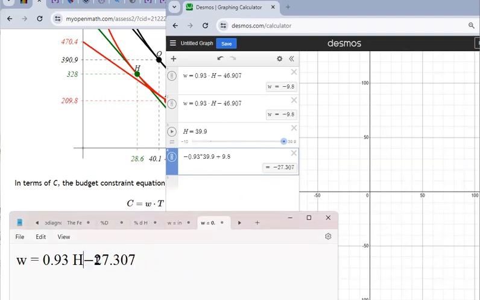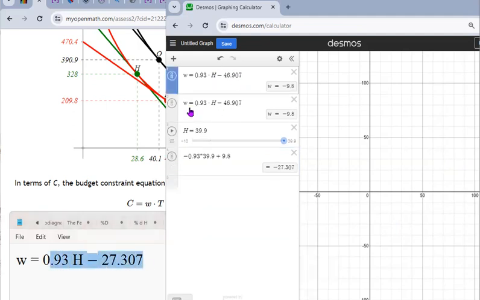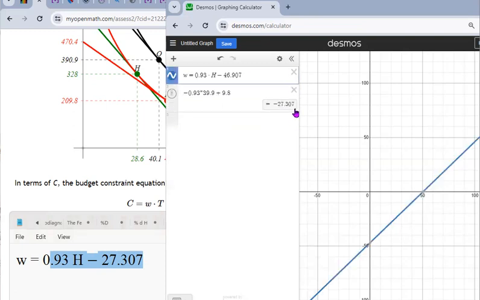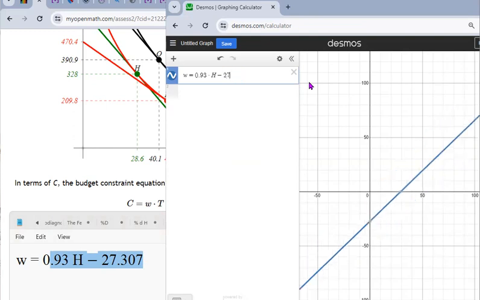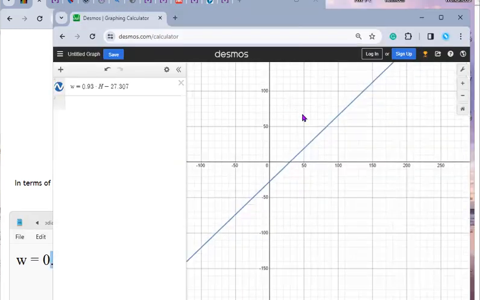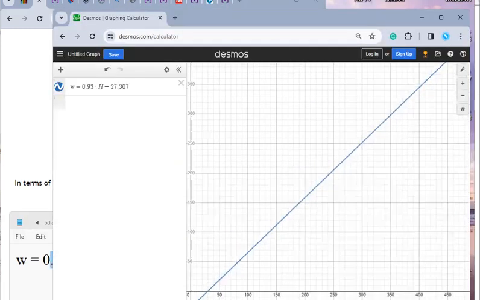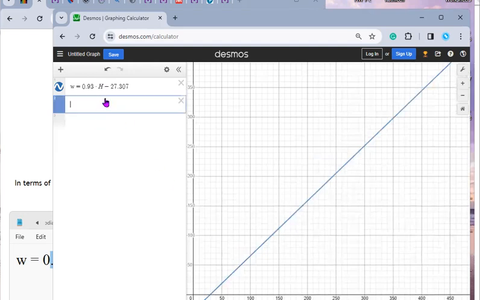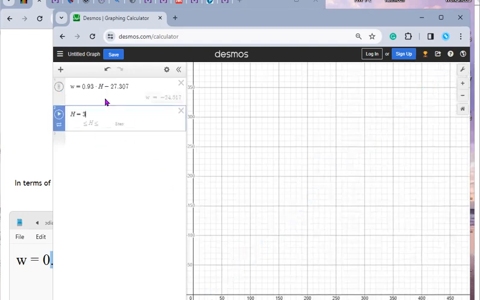Now, I'll change this up here to 27.307, right? So now that's my labor supply curve. And if hours worked is 39.9, then the wage was 9.8, right?